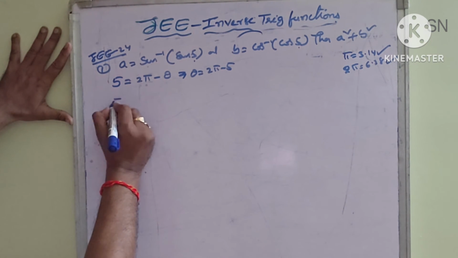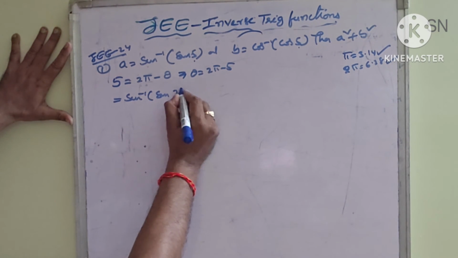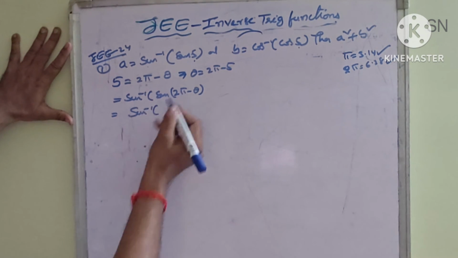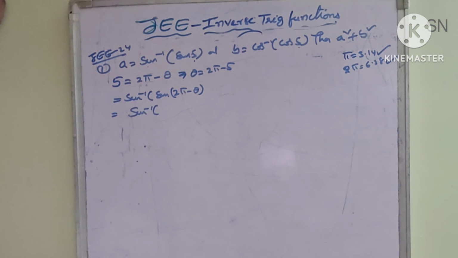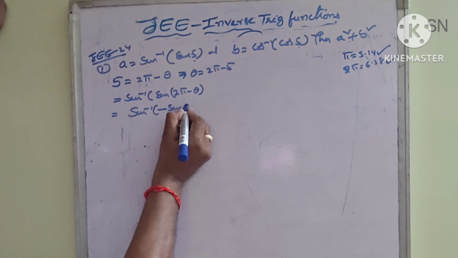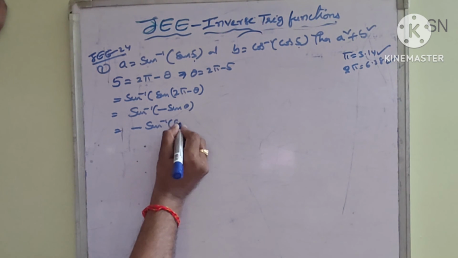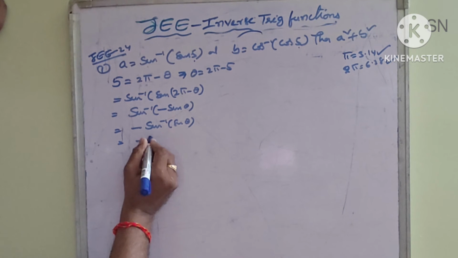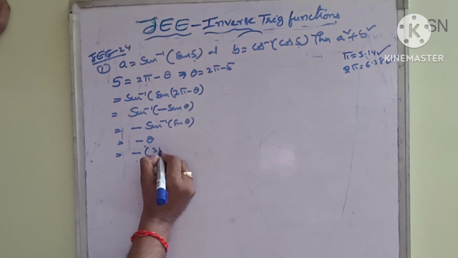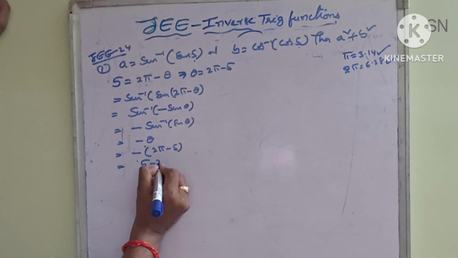Here sin inverse of sin of 360 minus theta lies in fourth quadrant. So here sin is negative, minus sin theta. That is equal to minus sin inverse of sin theta. That is minus theta, that means 2 pi minus 5, so that is 5 minus 2 pi.